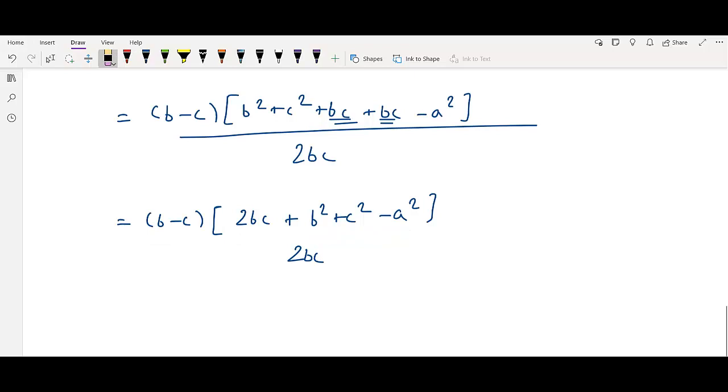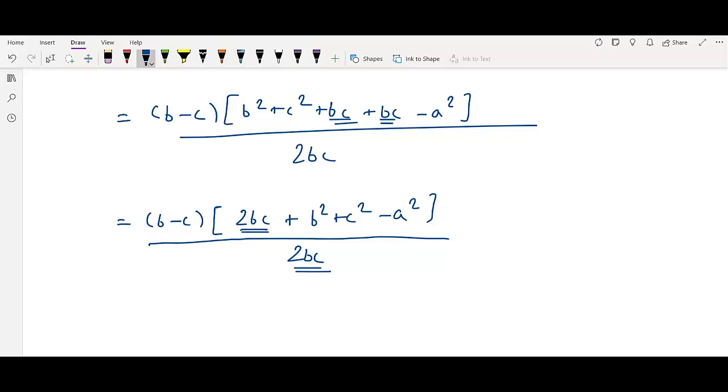That's an ugly line. Okay. Now we have a 2bc here. What I can do is I can open this bracket and bring this 2bc inside the bracket.